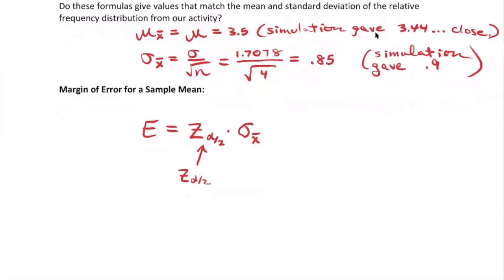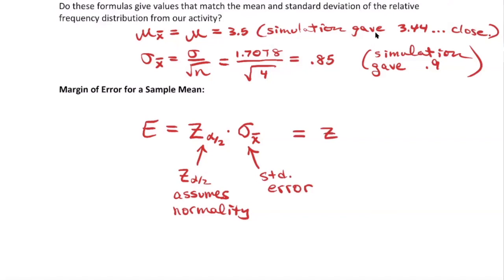It assumes normality because we use the bell curve to get this value. Okay, and then the sigma x bar, that's the standard error. So in the end, we're going to go z alpha over 2 times sigma divided by the square root of n. Okay, and that's our margin of error for a sample mean.